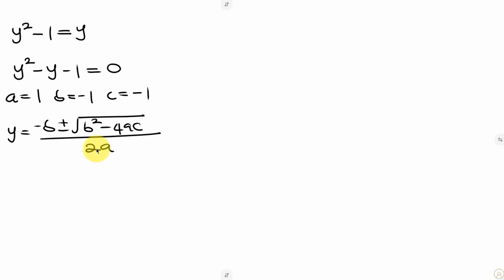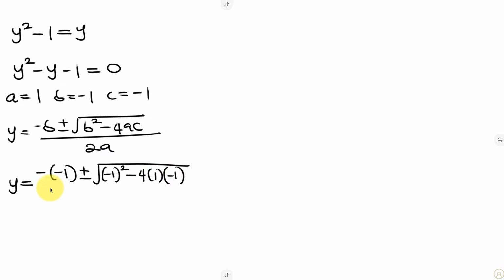Very good. Now we're going to be substituting here. So the value of y now becomes minus b. b is negative 1, plus or minus the square root of b squared. So that will be negative 1 squared minus 4 times a times c all over 2 times a. That is 2 times 1.